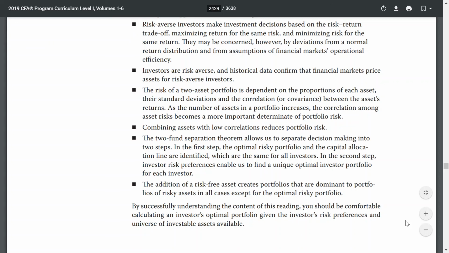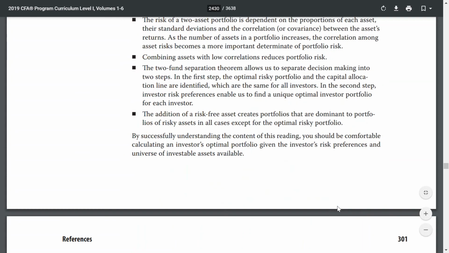The addition of a risk-free asset creates portfolios that are dominant to portfolios of risky assets in all cases except the optimal risky portfolio. By successfully understanding the content of this reading, you should be comfortable calculating an investor's optimal portfolio given the investor's risk preference and the universe of investable assets available.